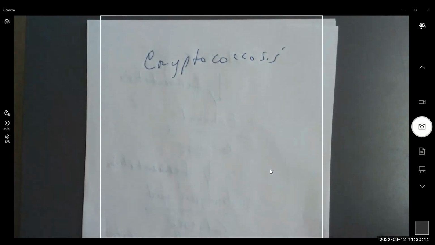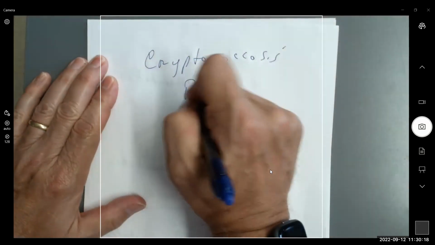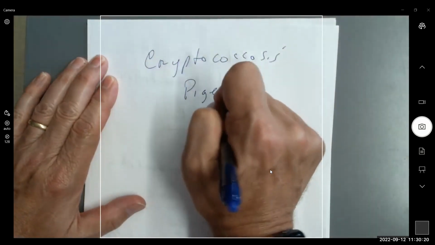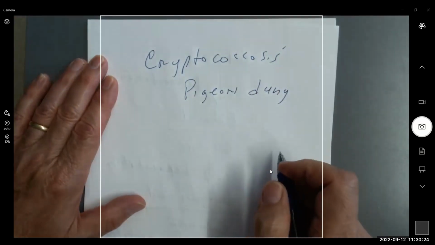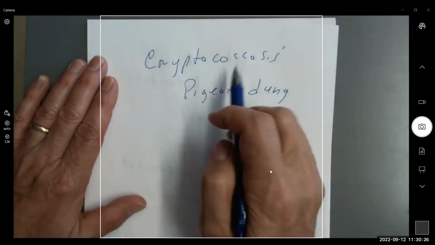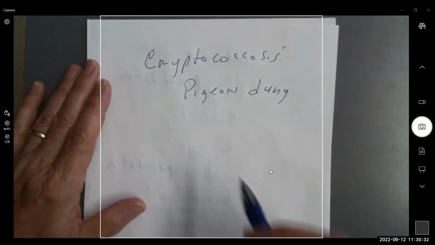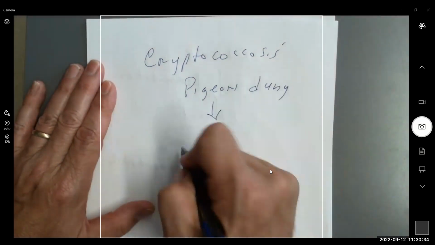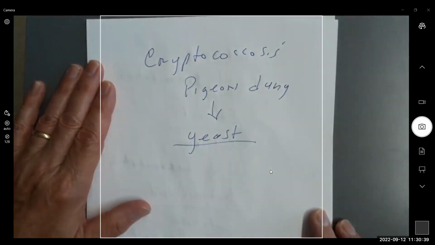You get this from lots of different sources, but one of the biggest sources is pigeon dung. Pigeon dung is aerosolized, the organism which normally grows as a filamentous fungus in the soil. When you inhale it, now it becomes a yeast. So it buds like a yeast.